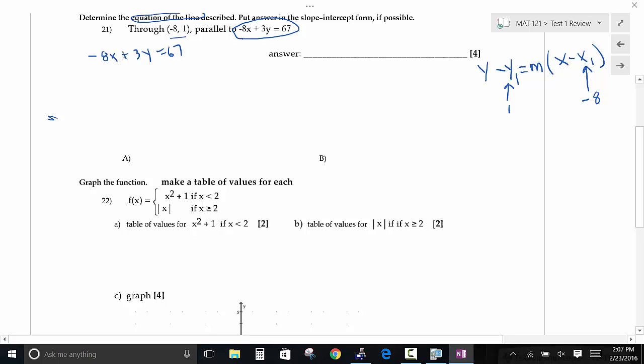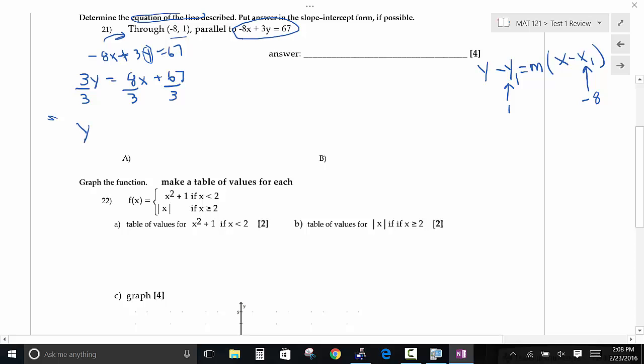You solve it for y, exactly. You want to go ahead and solve that for y and put that in the slope-intercept form. Okay? So you're basically just taking that form and isolating the y. You can move the x. You can just kind of do this in your head if you want to. So that's going to be 3y equals 8x plus 67, like that. Then we can divide by 3, like this.